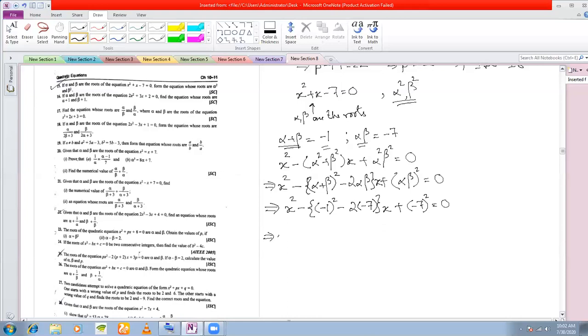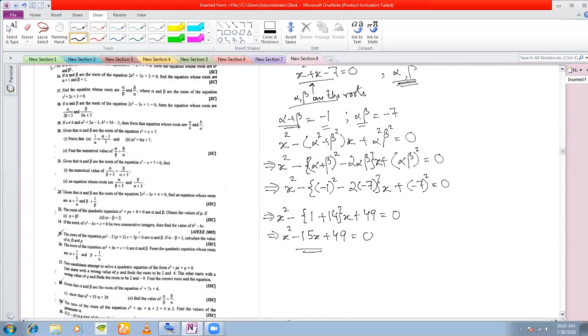So your required equation would be x square minus (1 plus 14) x plus 49, so x square minus 15x plus 49. So you have found that this equation will have the roots alpha square and beta square, where alpha and beta are the roots of this equation.